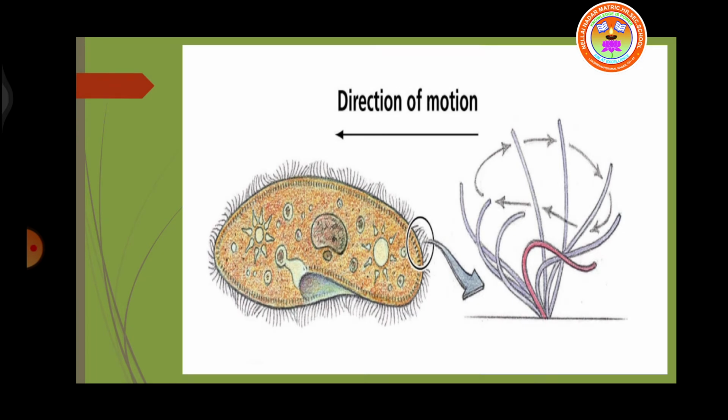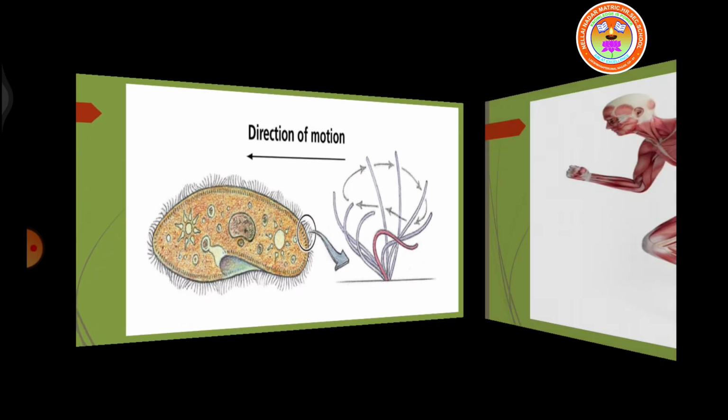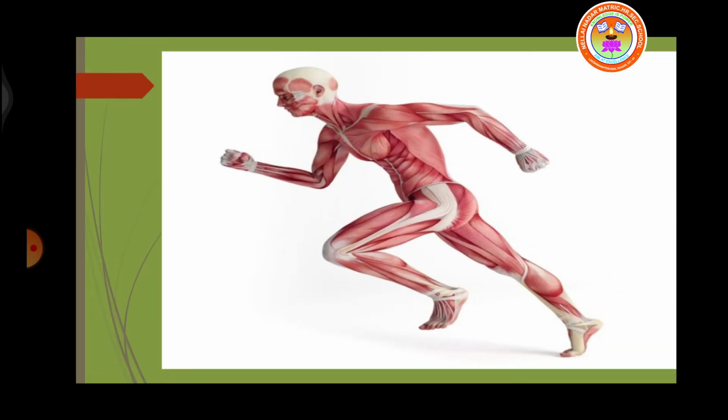Ciliary movement is brought about by appendages called cilia, which are hair-like extensions of the epithelium. Muscular movement is a more complex movement which is brought about by the musculoskeletal system. This type of movement is seen in the higher vertebrates.